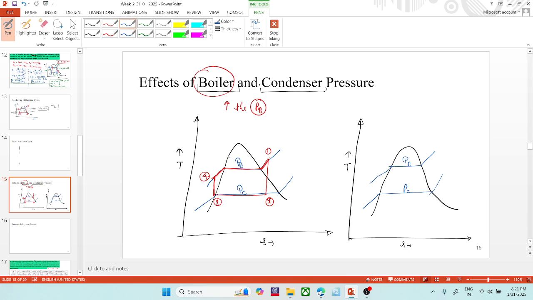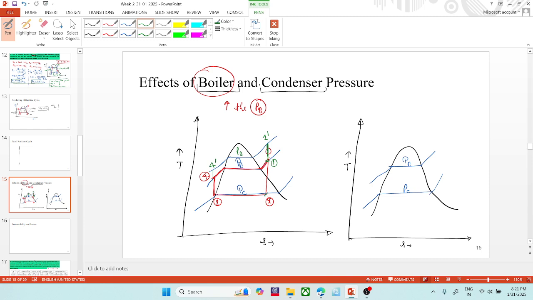So we have increased it to this point. What will happen? This point 1 will shift to here. This is the earlier point 1. This is point 1 dash. And this point 4 will shift to here, by increasing the boiler pressure.